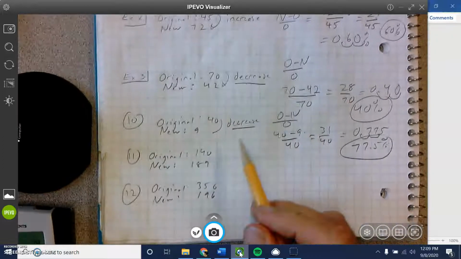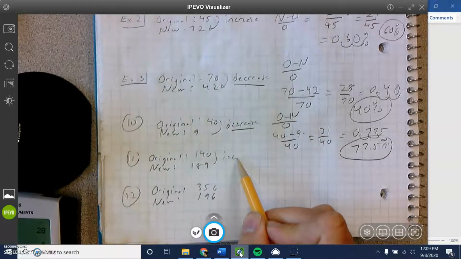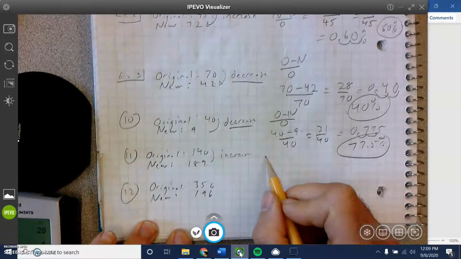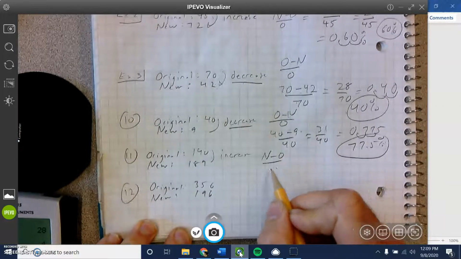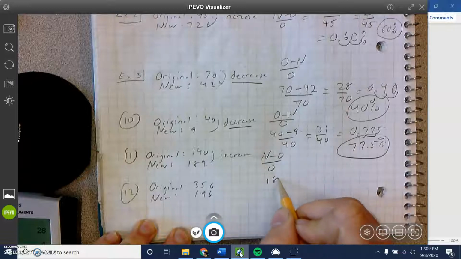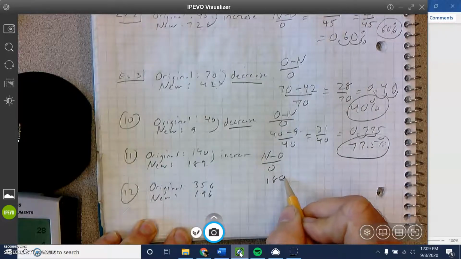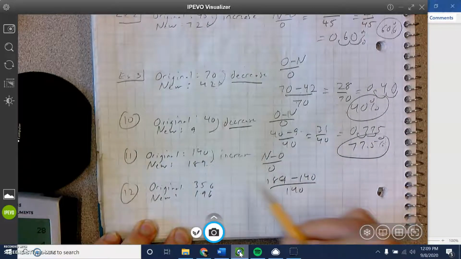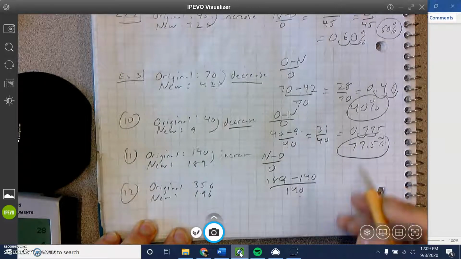All right, next, number 11. Hopefully you got this one. This is an increase because you're going up from 140 to 189. So it's NOLA rising. So it's going to be new, 189, minus old over old. Common mistake. Always put the old right there.